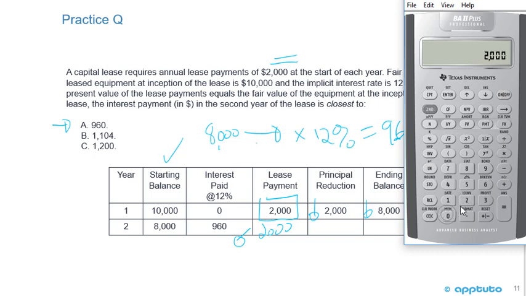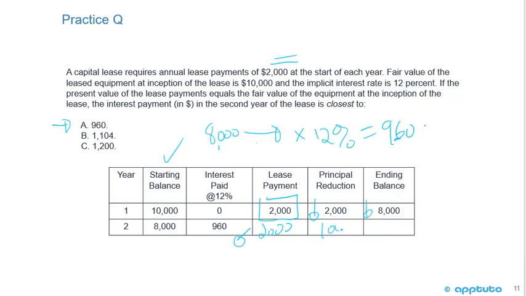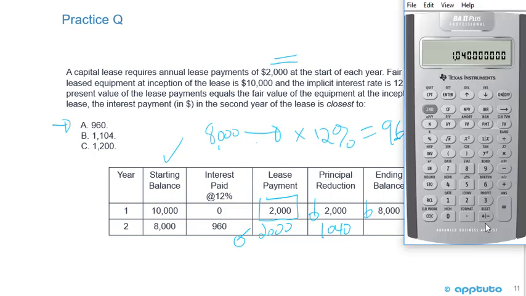So 2,000 minus 960, we would fill that in as 1,040 here, okay? And therefore, our ending balance on the liability, I'm just filling this out. You don't need to do this for this question, but it's just a little review, plus my 8,000, and we can see that the balance is 6,960, okay?